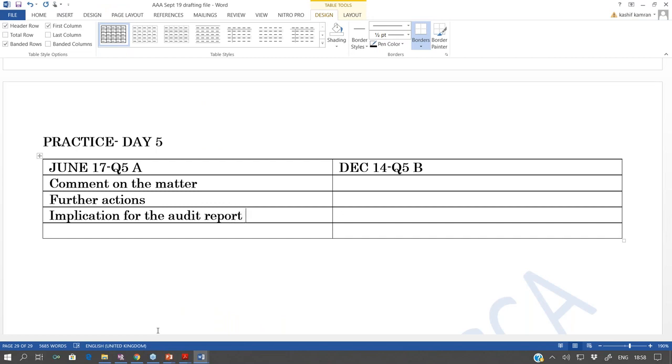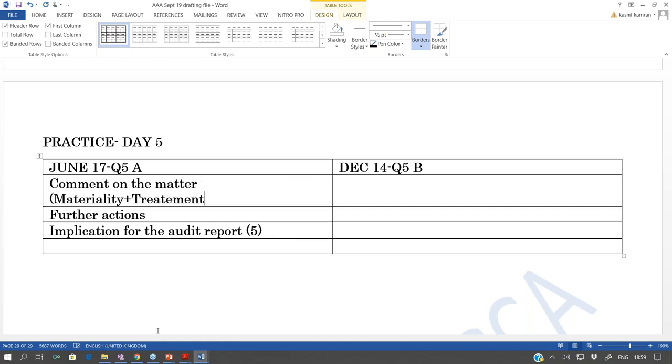We're definitely getting 5 marks for implication on audit report. Further actions and comment have in total 7. Everything we do will get 1 mark. So comment on the matters. The first comment on the matter is materiality. That's every time. So when we comment on the materiality, we'll get 1 mark. Plus, we need to comment on the accounting treatment as we did in day 1. I hope you remember the question on evidence we did on day 2: comment on the matters and explain the evidence. Same.